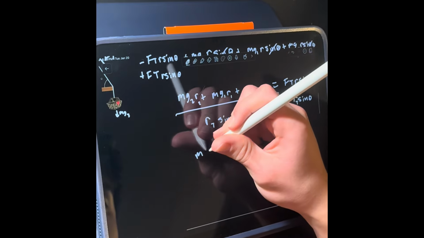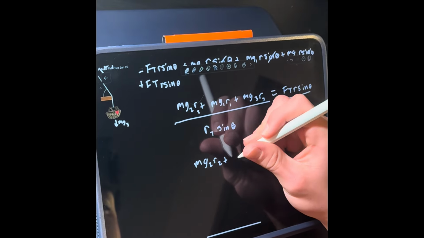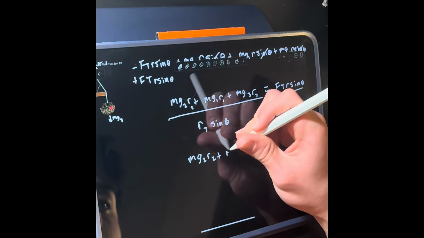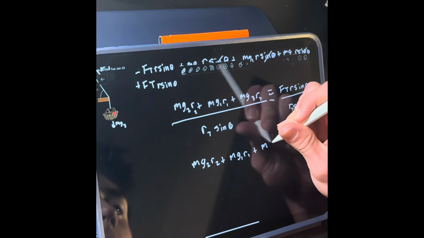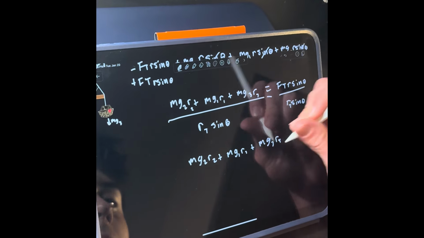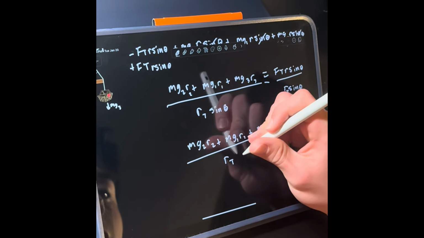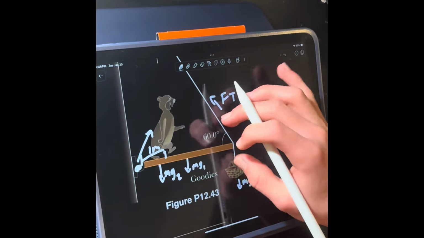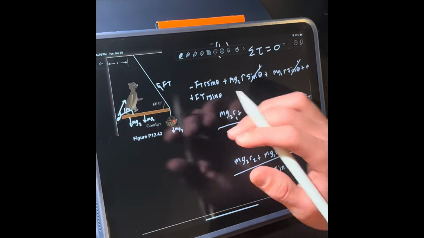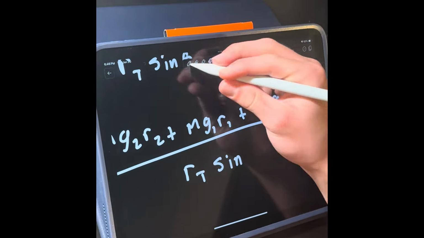Now, as our final result, before we plug all of our numbers in, you get mg2 times R2 plus mg1 times R1 plus mg3 times R3, all of this divided by RT sine of theta. We know that theta is 60 and the tension makes a 60-degree angle, so just write it as sine of 60.